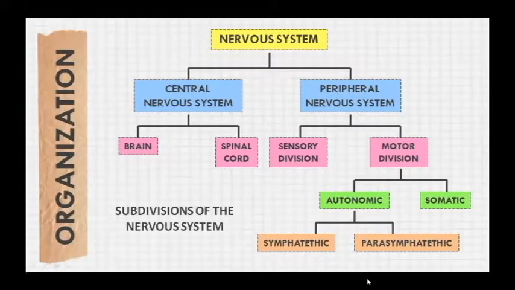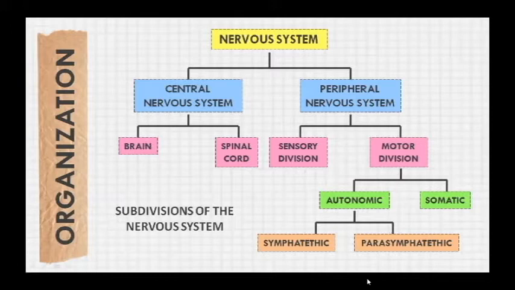So this is the organization of the nervous system. If you could see, there are a lot of subdivisions under the nervous system. First, the nervous system is divided into the central nervous system and the peripheral nervous system. Our central nervous system contains our brain and our spinal cord, while our peripheral nervous system consists of our sensory division and motor division, while the motor division is further divided into autonomic and somatic divisions.